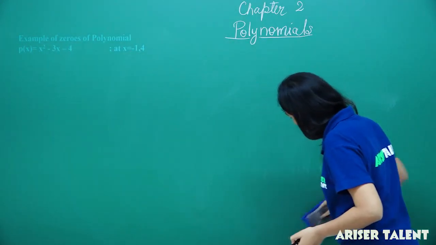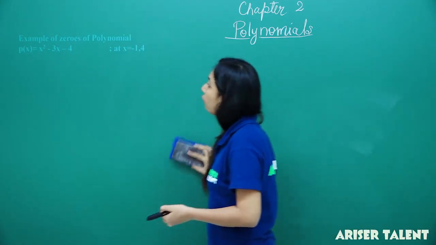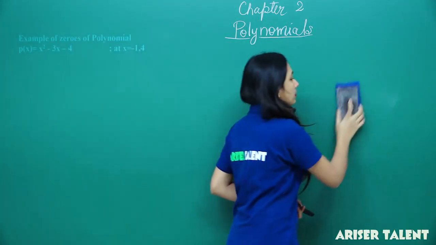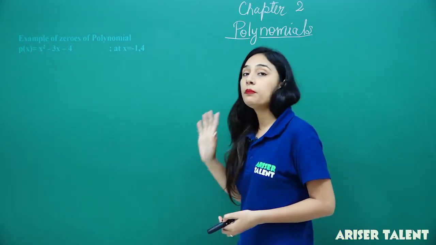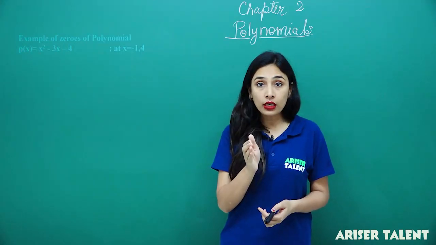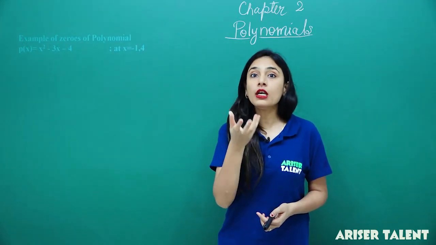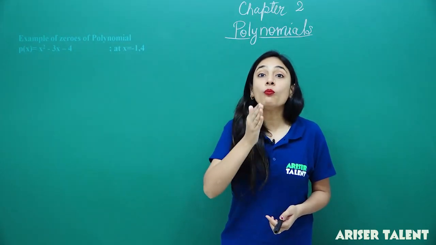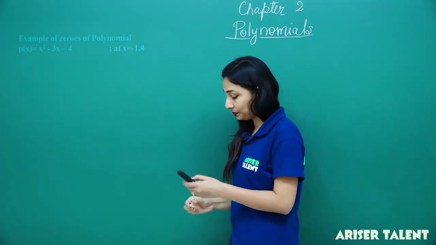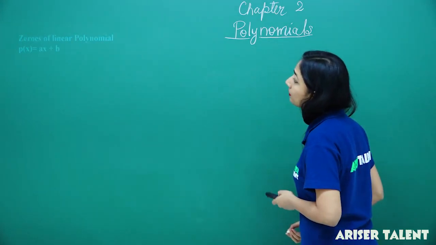So, now you have understood what is a zero of a polynomial, and in this particular equation, we have also seen that a particular polynomial may have more than one zero, right? Let's see how it works.